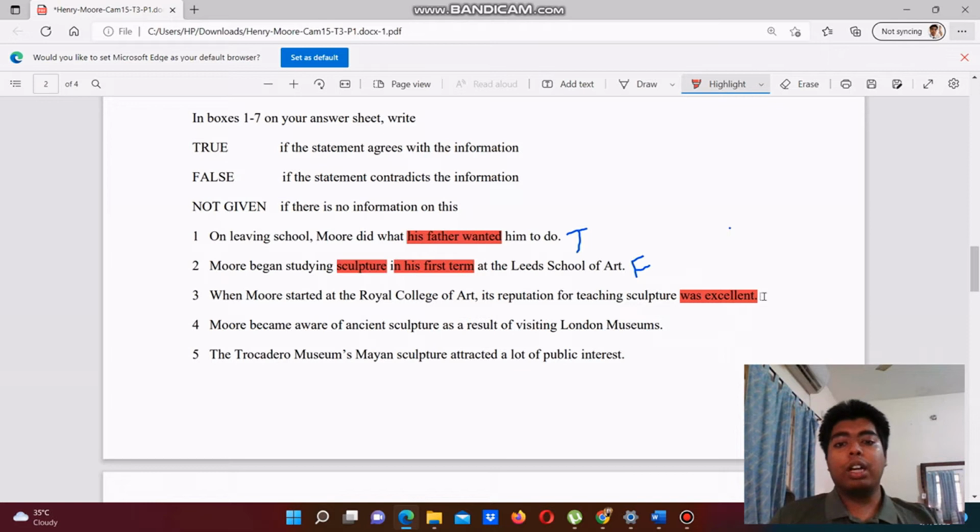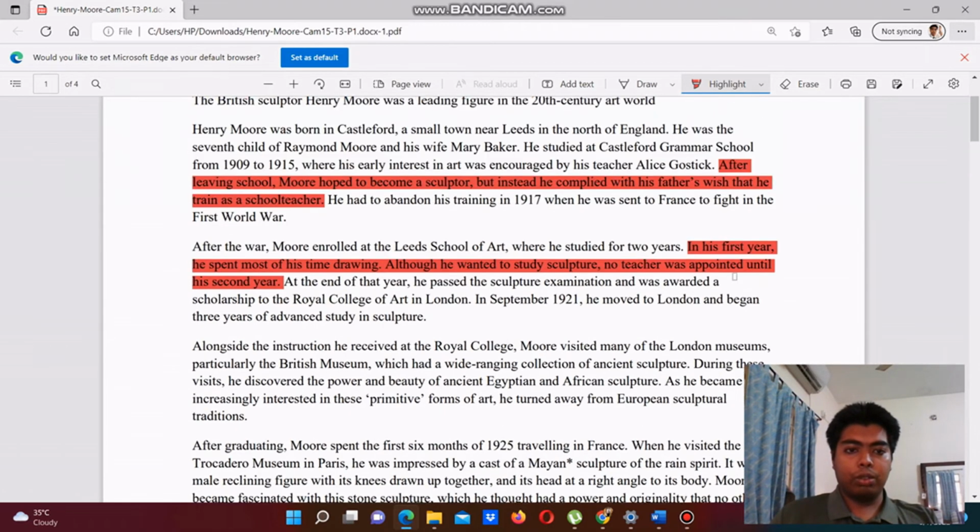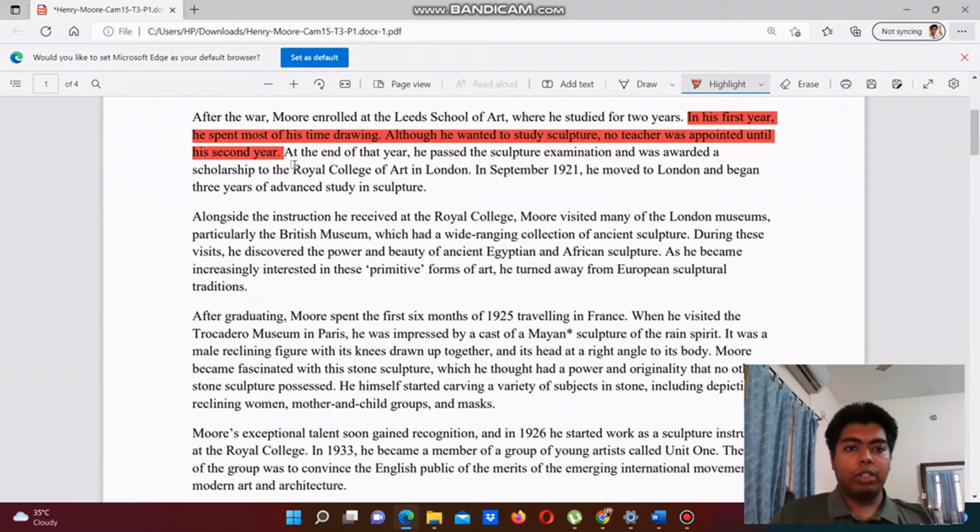And if the reputation of teaching sculpture was below average, or it was like any other college, not outstanding, then it will be false. Or if nothing was mentioned about the reputation of teaching sculpture at the Royal College of Art, then it will be not given. So we can continue our reading.